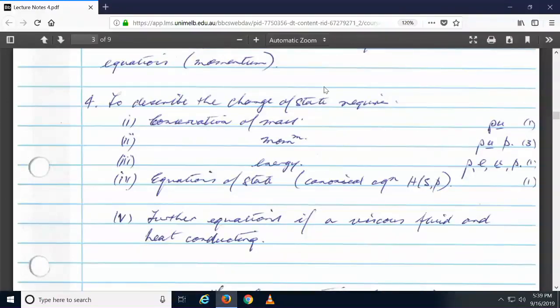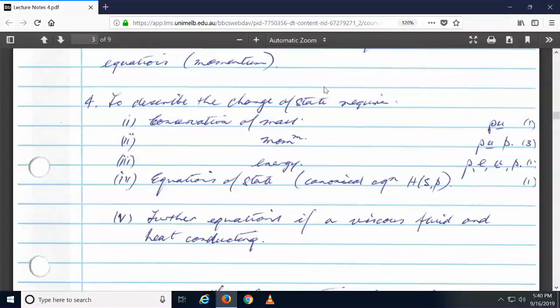Now, how many equations do we have? And what are the unknowns? If we have conservation of mass, as we're going to see, it introduces rho, the density, and the velocity. So that's one equation.